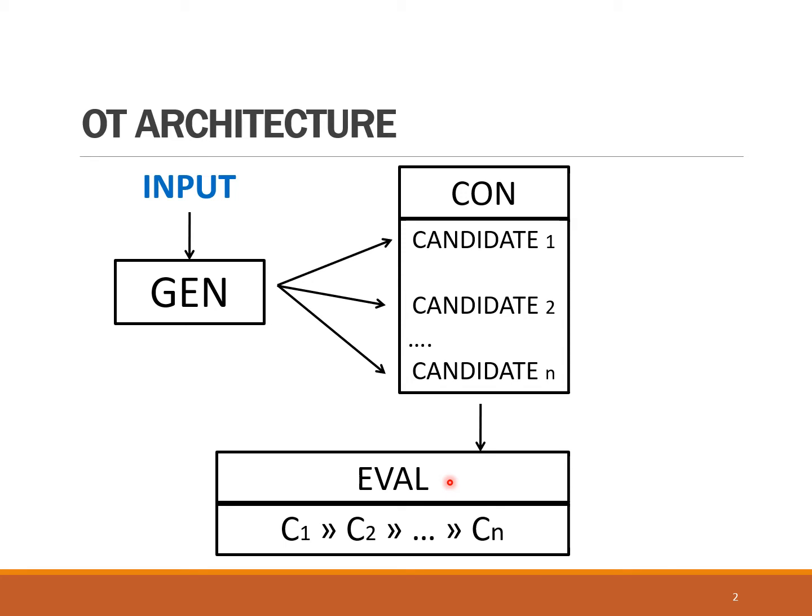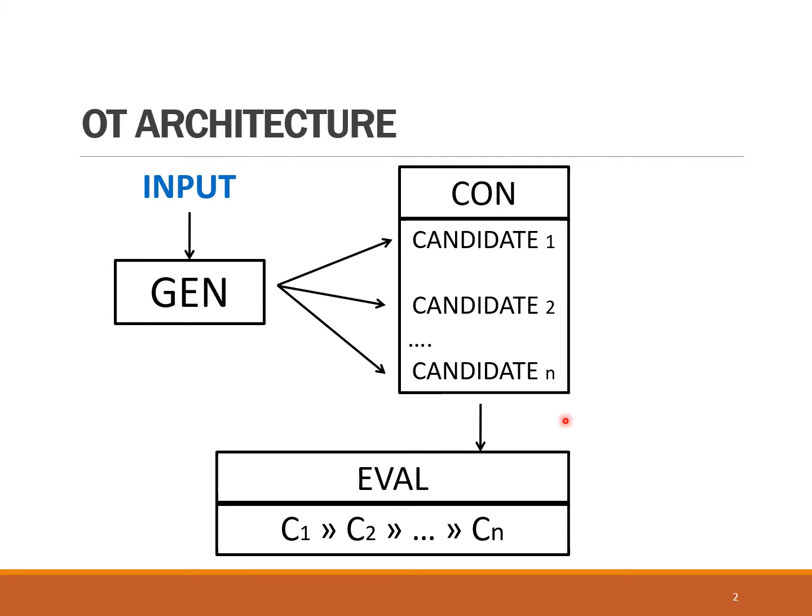So for a specific type of input, the constraints are already universal. The constraints are universal. So the evaluator component of OT grammar makes use of them to evaluate that set of candidates which is generated by the Zen component.